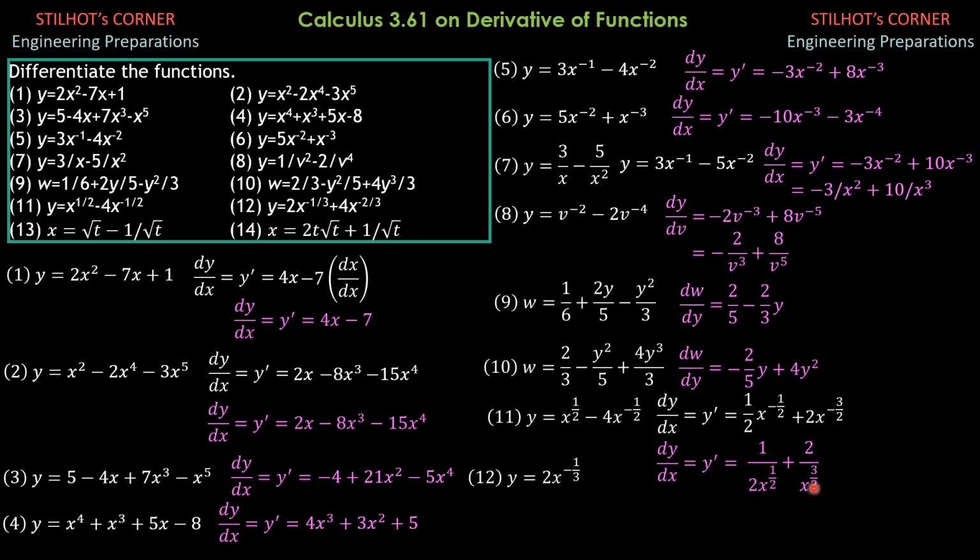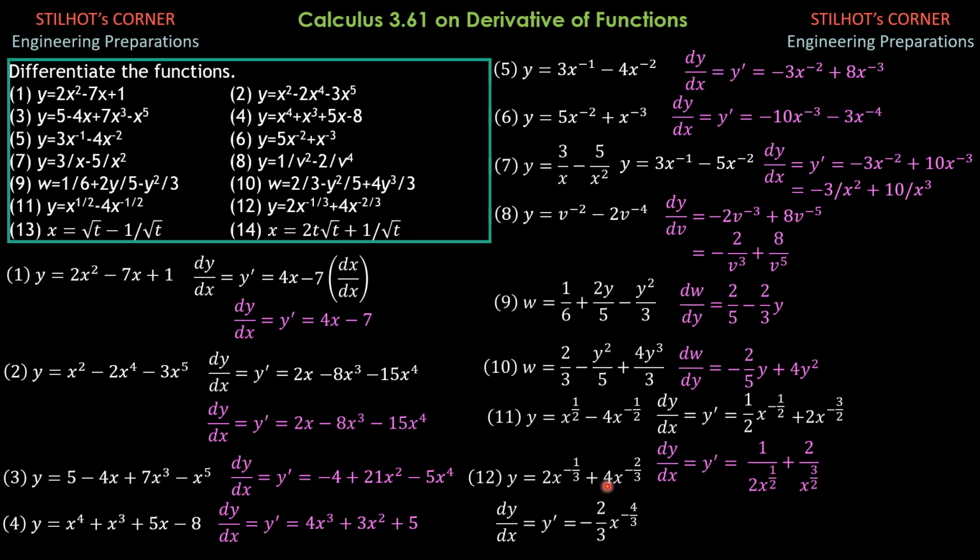Number 12, y equals 2x to the negative 1/3 plus 4x to the negative 2/3. So dy/dx or y prime is equal to 2 times negative 1/3 is negative 2/3, x to the negative 1/3 minus 1, so negative 4/3. Then this is 4 times negative 2/3, which is negative 8/3, x to the negative 2/3 minus 1 is negative 5/3.